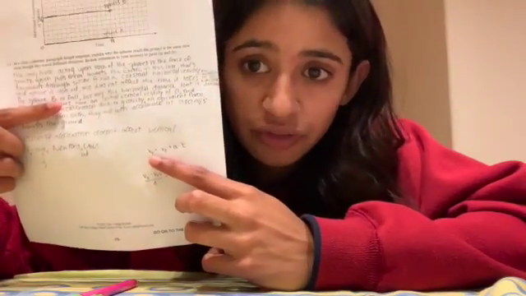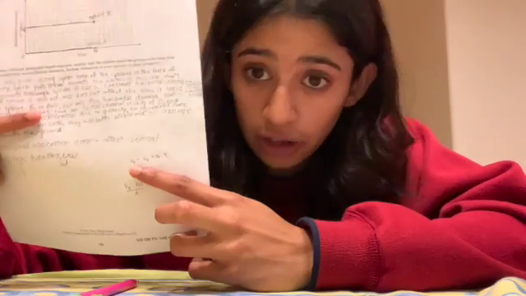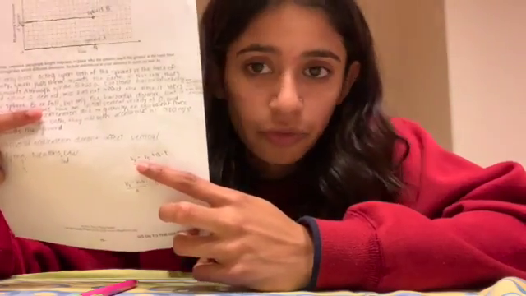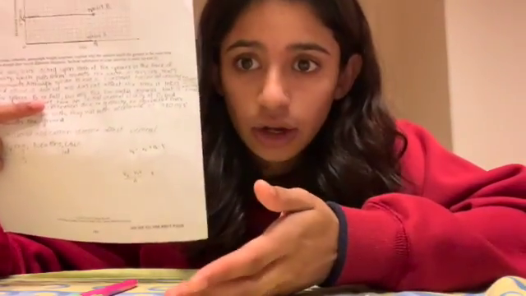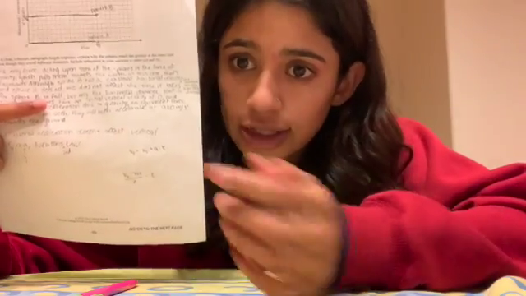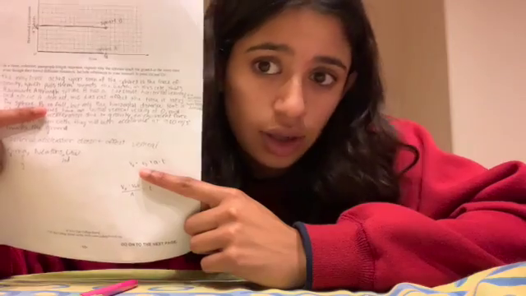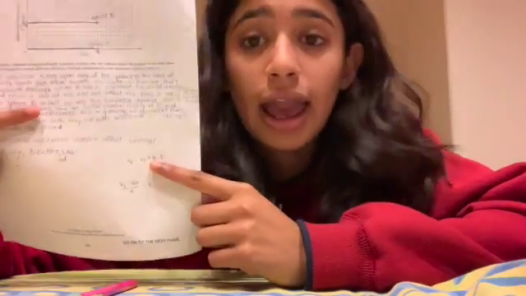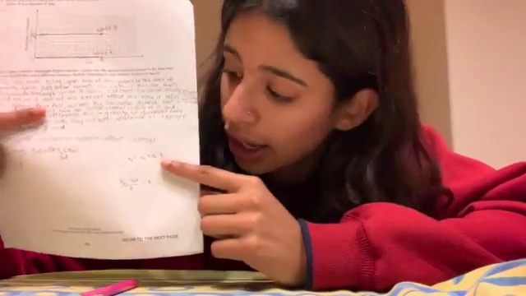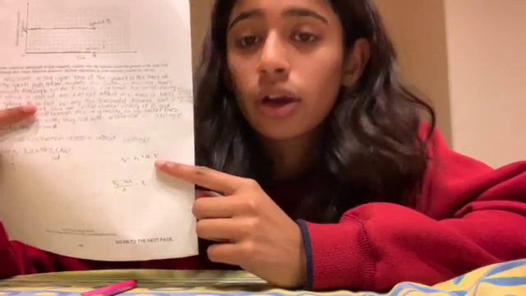And so just to go over what each of those mean, V final is the final velocity, so in this case it would be the velocity right before the object hits the ground. V naught is the initial velocity, A is the acceleration, and T is time.